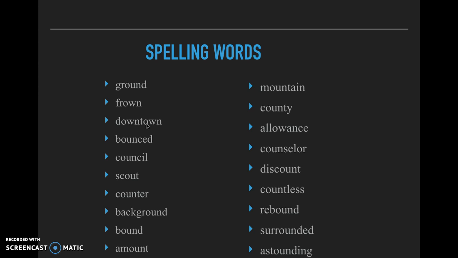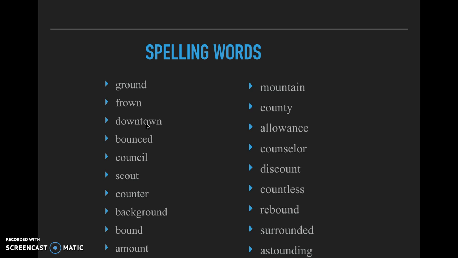Spelling words that I chose are ground, frown, downtown, bounced, council, scout, counter, background, bound, amount, mountain, county, allowance, counselor, discount, countless, rebound, surrounded, and astounding.